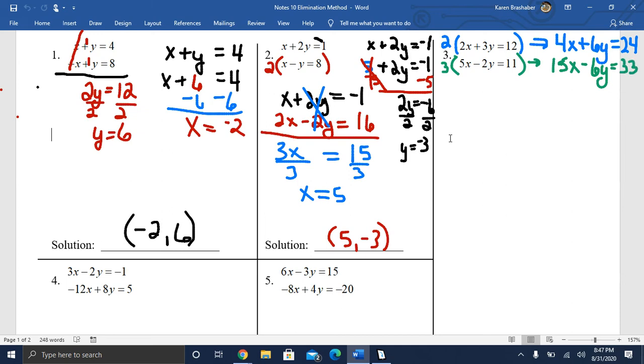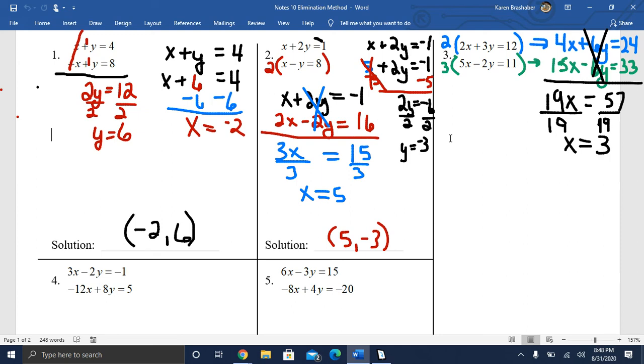So now when we add our two equations together, 4x plus 15x would add together to make 19x. My y's have the same number, opposite sign, they cancel. And then my constants, 24 plus 33 makes 57. We can divide both sides by 19. And when you divide 57 by 19, you get x equals 3.